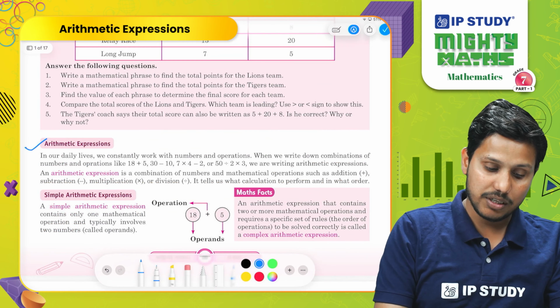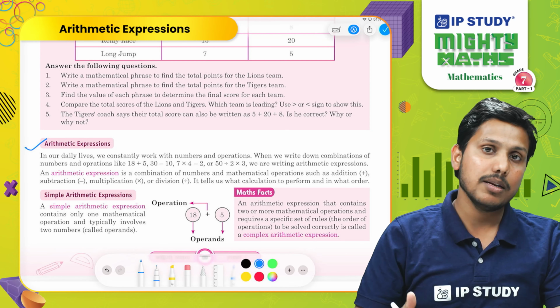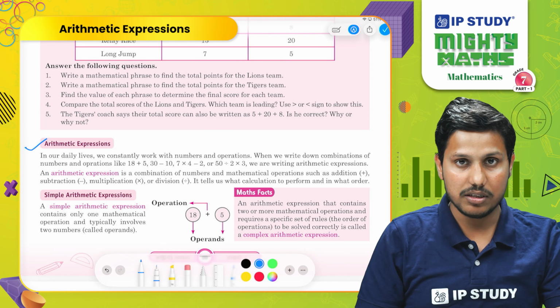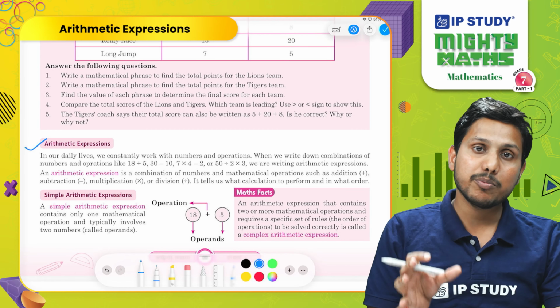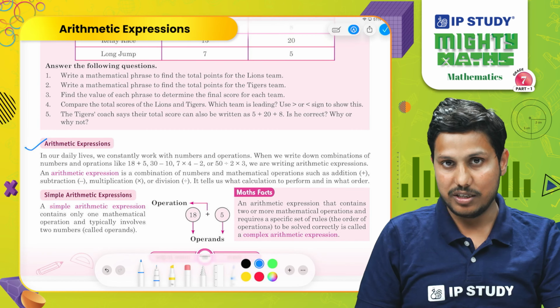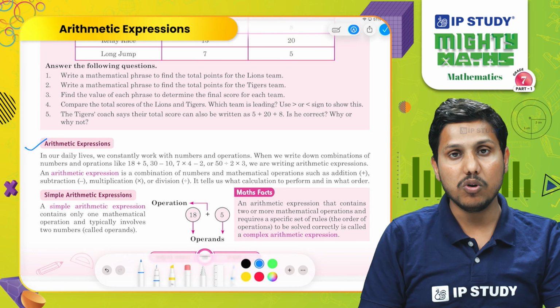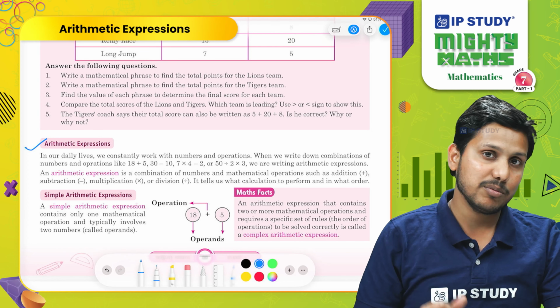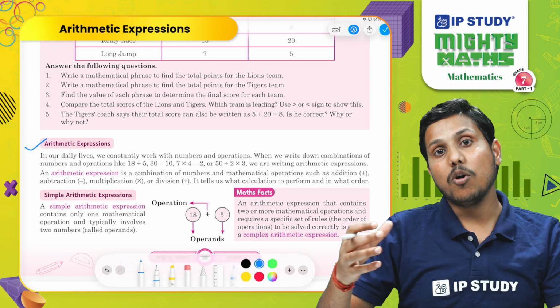Students, we know that we apply operations between two or more numbers, and there are four basic operations that we apply: addition, subtraction, multiplication and division. So when we write numbers along with operations, the expression is called an arithmetic expression. You will also study in the later part of this book what an algebraic expression is, where we use letters as well as numbers with operations.